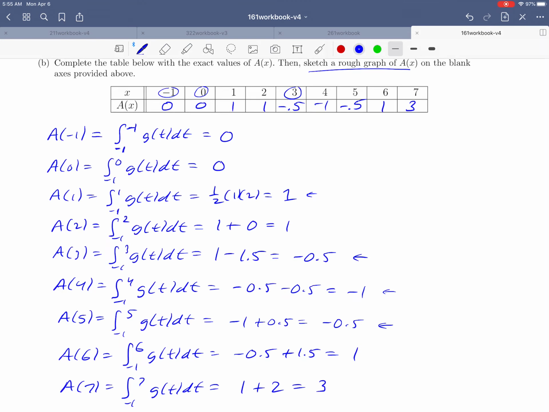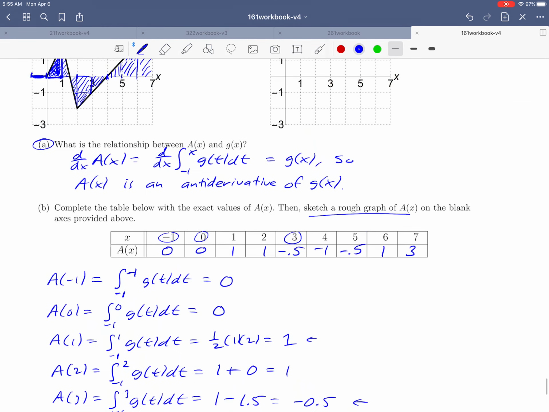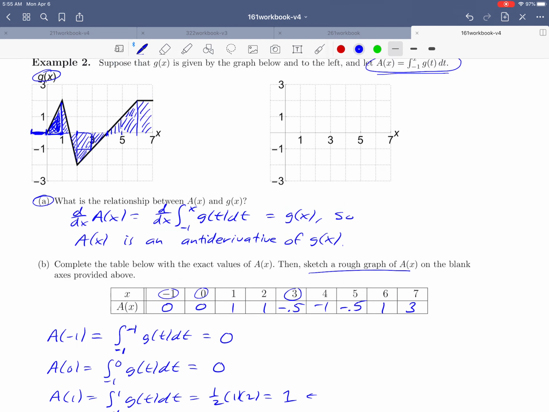All right, so I'm going to scroll up yet again so that we can see the graphs, and we'll see if we can plot the points on this new function A of x that we've created. Okay, well, let's see. So maybe starting here, we've got the point -1, 0. Then 0, 0.